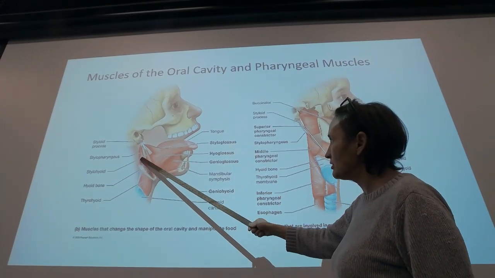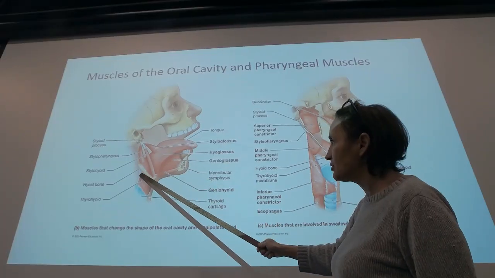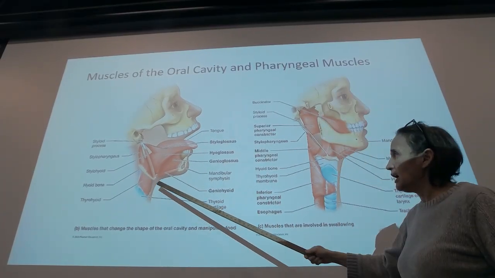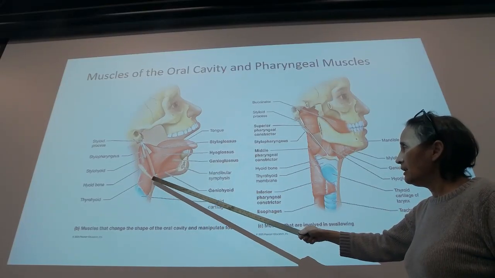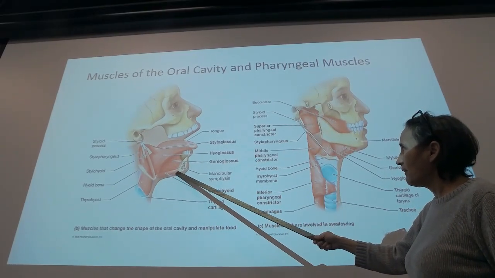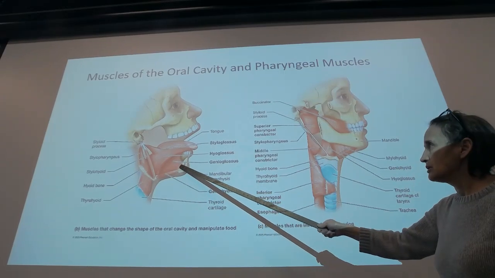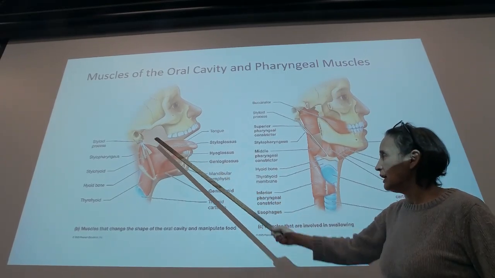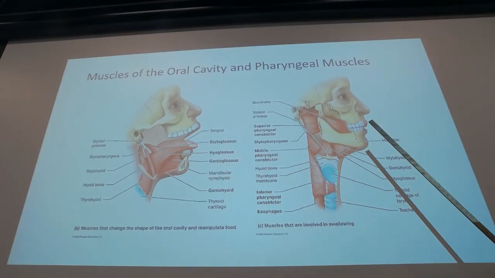This is the stylopharyngeus because it runs from the styloid process to the pharynx, so it elevates the pharynx. And then here we have the thyrohyoid again, geniohyoid in here, and genioglossus in here. So this one will depress the tongue while this one elevates the tongue.